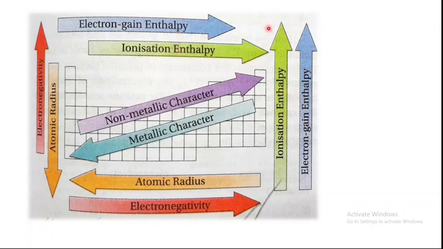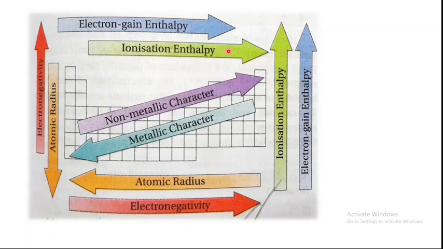Ionization enthalpy can also be more accurately called first ionization enthalpy. This can be defined as the amount of energy required to remove the most loosely bound electron from the valence shell of an isolated gaseous atom existing in its ground state so as to form a cation in the gaseous state.